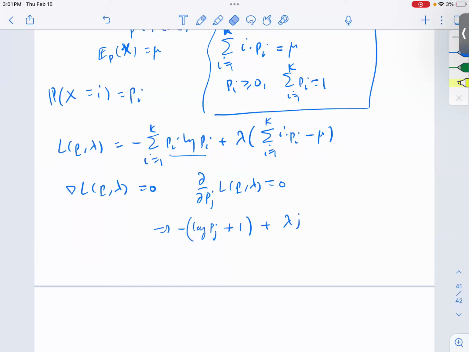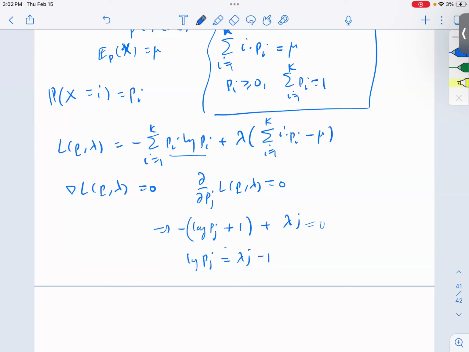Can someone tell me what Pj is? So I get log Pj is equal to, I move it to the other side, lambda j minus 1.